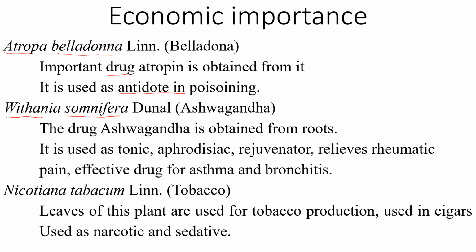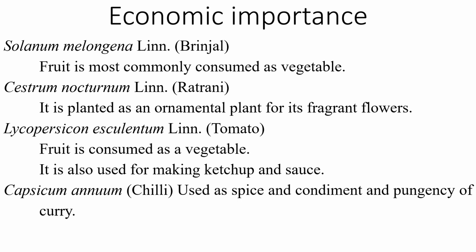Another plant is Nicotiana tabacum, that is the tobacco plant. Leaves of this plant are used for tobacco production, used in different narcotics like cigars, and used as narcotic and sedative. Another plant of economic importance is Solanum melongena, that is brinjal, which is used as vegetable.